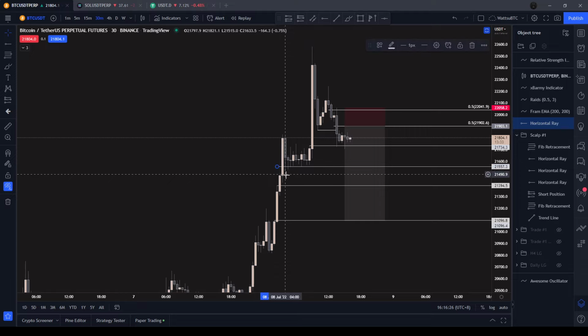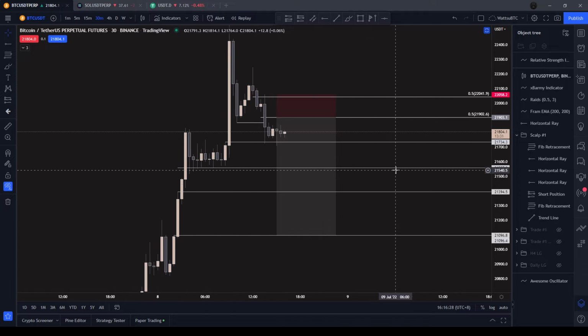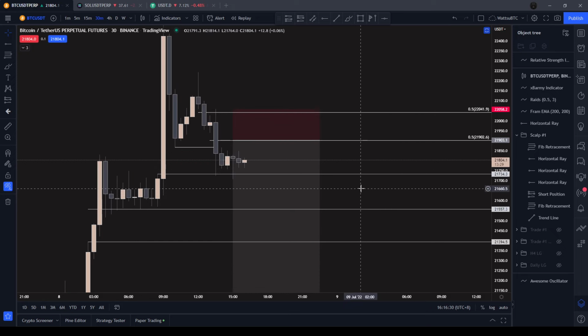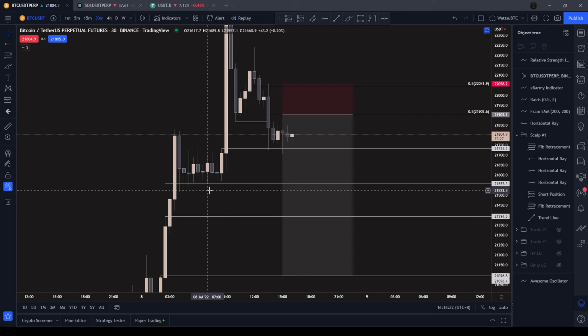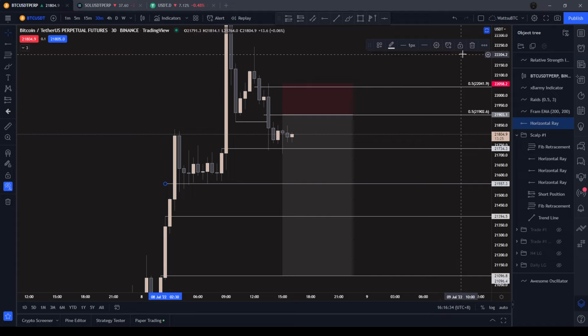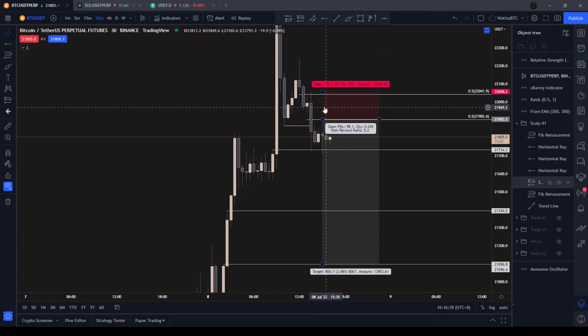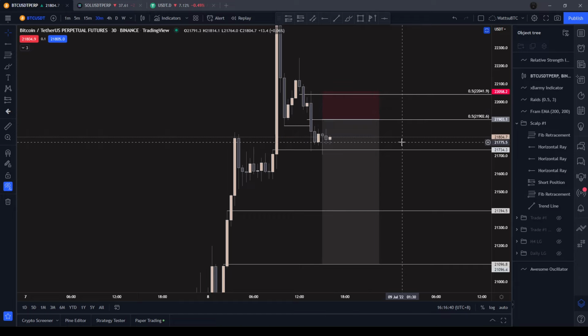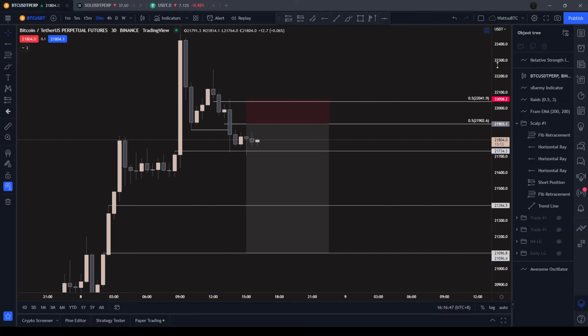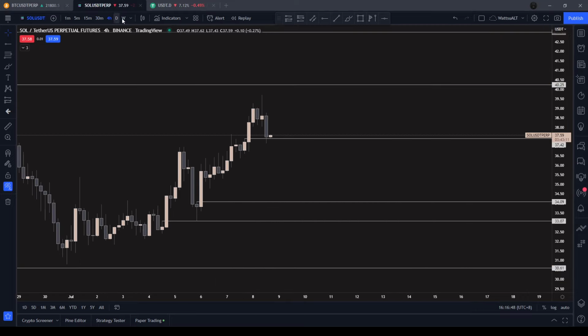I don't really mind what you're doing with your trading, but just get your directions right, just get the flow right, and you can have your own entry techniques and systems. So that's it for Bitcoin and Solana.